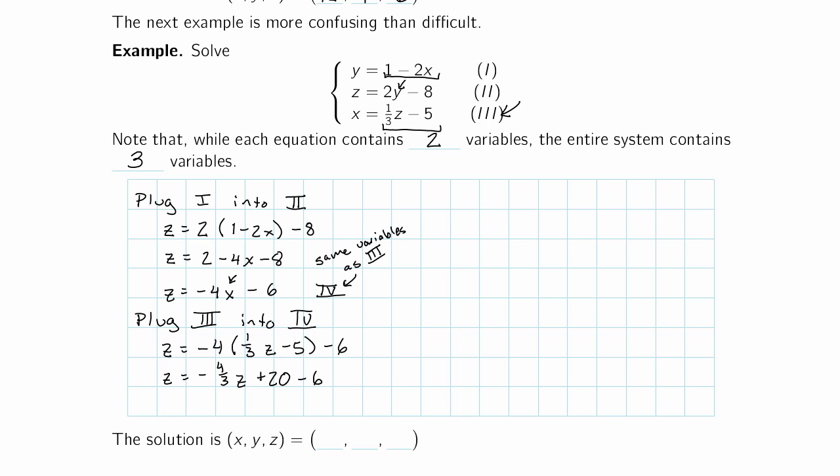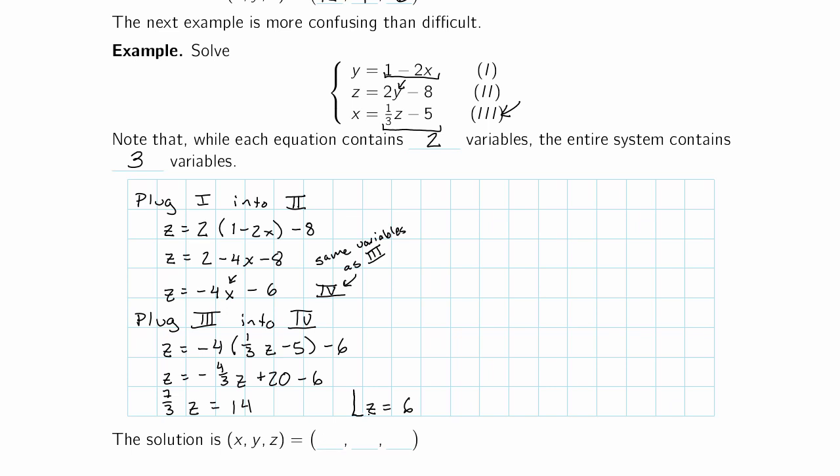Now I'll add 4/3 z to both sides and combine the 20 and the negative 6. I've got 7/3 z equals 14. Divide both sides by 7/3, and I'll get z equals 6.